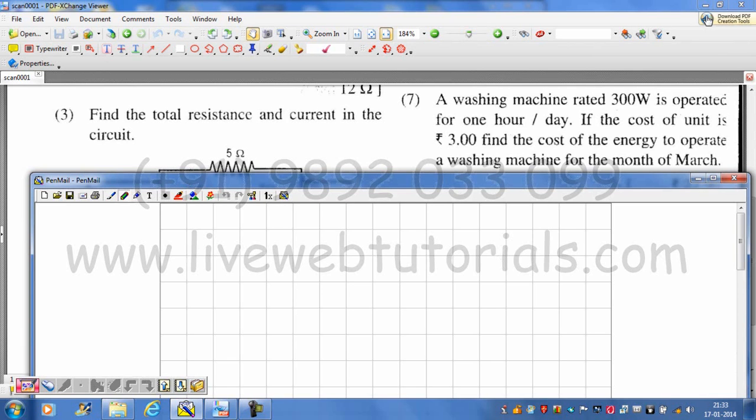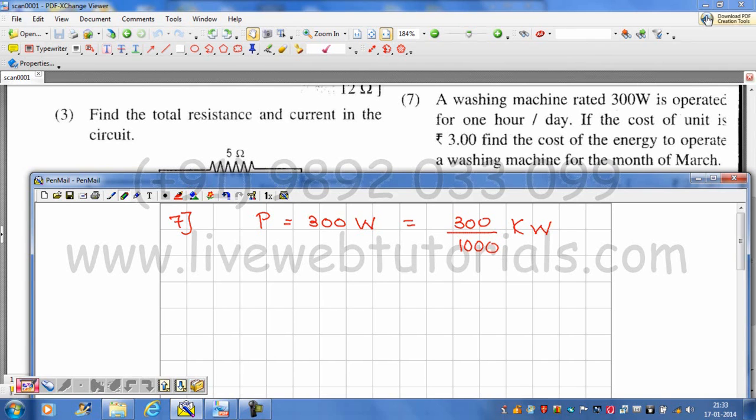Now first of all, what is given over here is the power is 300 watts. Okay, whenever we are calculating the cost of electricity, this power always has to be in kilowatt. Okay, so this has to be 300 divided by 1000. Watts is going to become kilowatts.